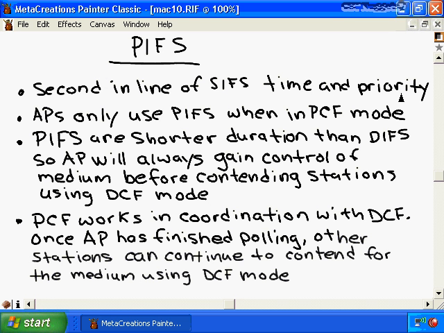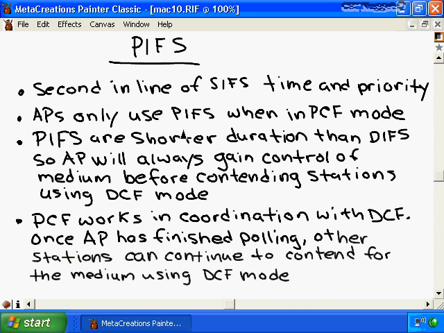Now, PIFS is not seen that often because access points will only use PIFS when they're running in PCF mode. And if you remember, we just learned a few minutes ago that this mode is within the standards of the 802.11 specifications, but it's an optional standard. So the vendors have the option as to whether or not they want to enable this mode on their access points.